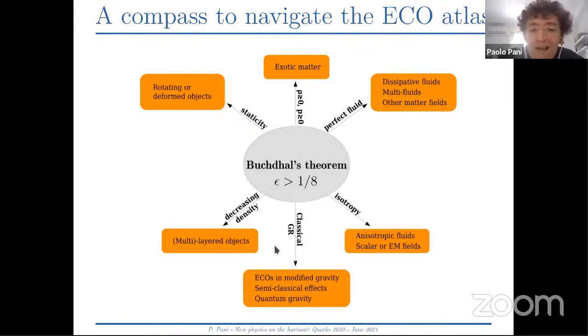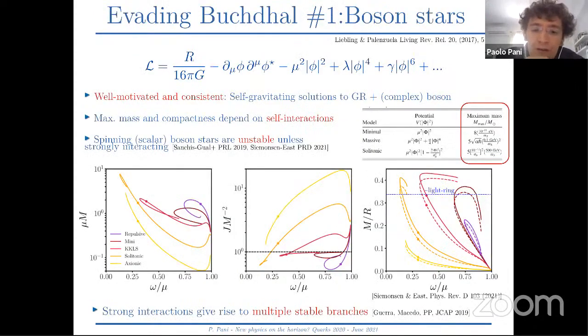One of the hypotheses is classical gravity. Another one is isotropy, and this is very important because most models of exotic compact objects have, one way or the other, strong anisotropies. Let me briefly give you three examples. I don't want to enter into any detail here; if you want, we can discuss them later.